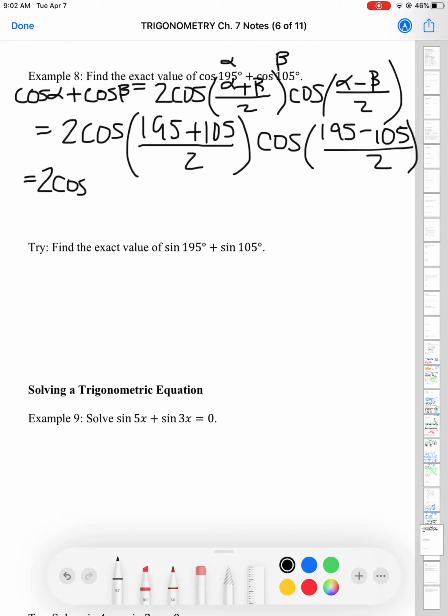This is cosine 150, since 195 plus 105 divided by 2 is 150, and we're in degrees, obviously. 195 minus 105 divided by 2 is 45 degrees.